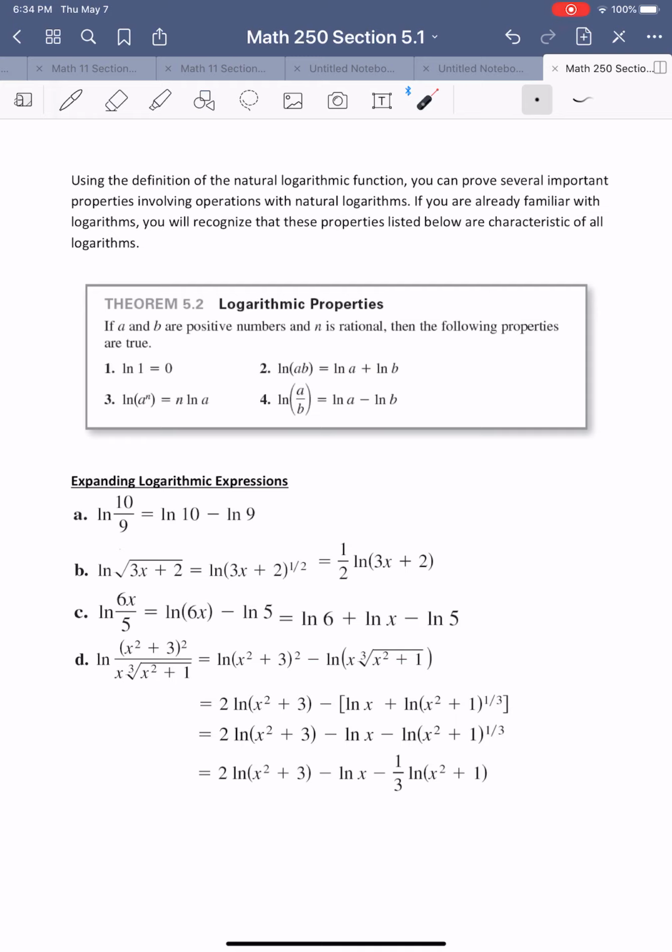Then there's a power rule: we can always put the exponent n in front of ln a. And when you have a quotient, it makes a difference of two logs.